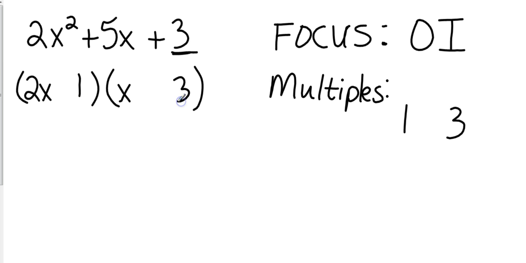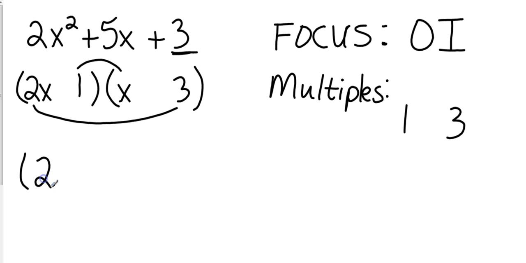Let's put the 1 and 3 in there, and focus on just the outsides and the insides. When I multiply the outsides, 2x times 3 gives me 6x. When I multiply on the inside, 1 times x gives me 1x. So is 6x plus 1x going to give me 5x? 6 plus 1 is 7, so that doesn't work.